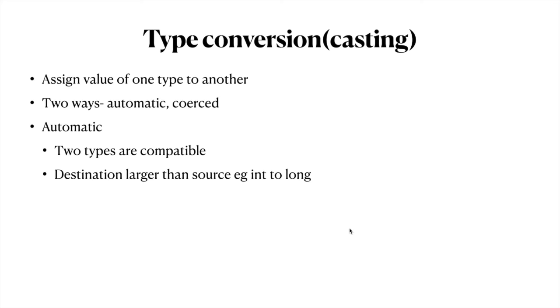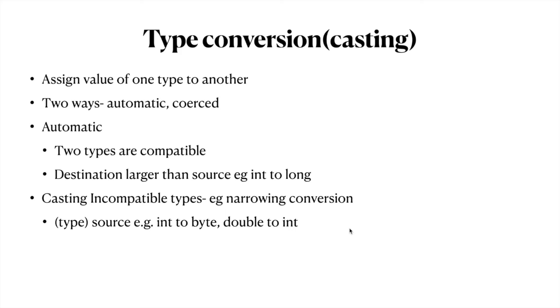We have to force it, because long is 64 bits wide and int is 32 bits wide. So if we force it, we will lose some of the data in a long data type, and we will force it to int. Otherwise we cannot have automatic promotion.